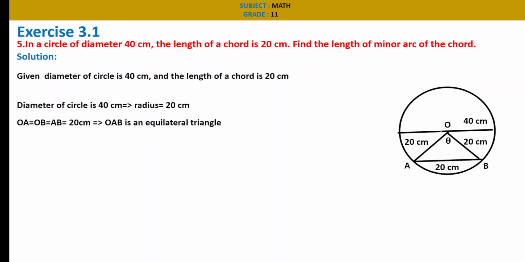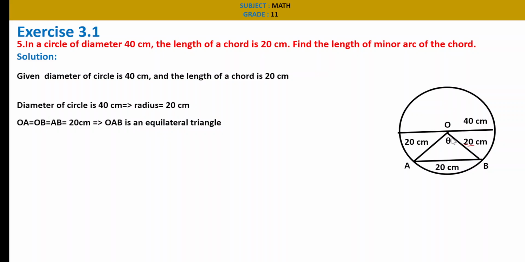Therefore OA is equal to OB is equal to AB. Because the diameter is 40, the radius is 20 centimeters. OB is the radius and OA is also a radius. So this is 20 centimeters, this is 20 centimeters, and it is clearly given the chord length is 20 centimeters. So AB is 20 centimeters.